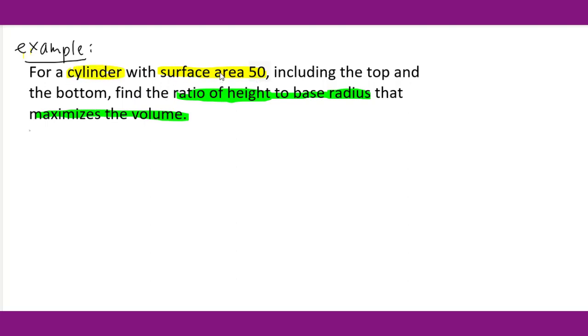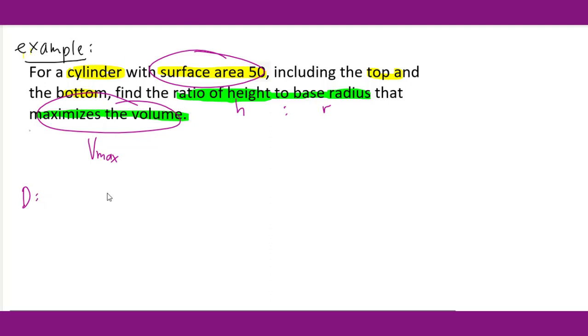Surface area is 50, including top and bottom. Find the ratio of height to base radius. Let's say this is H, this is R. Ratio between H and R that maximizes the volume, V max.